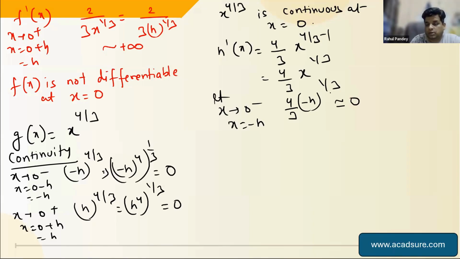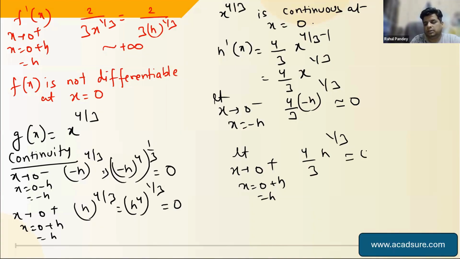It is not in the denominator, by the way. Now for the right limit of differentiability, x tending to 0 plus, x = 0 + h, which is 4/3 h^(1/3), a very small number, power 1 by 3, again tending to 0.